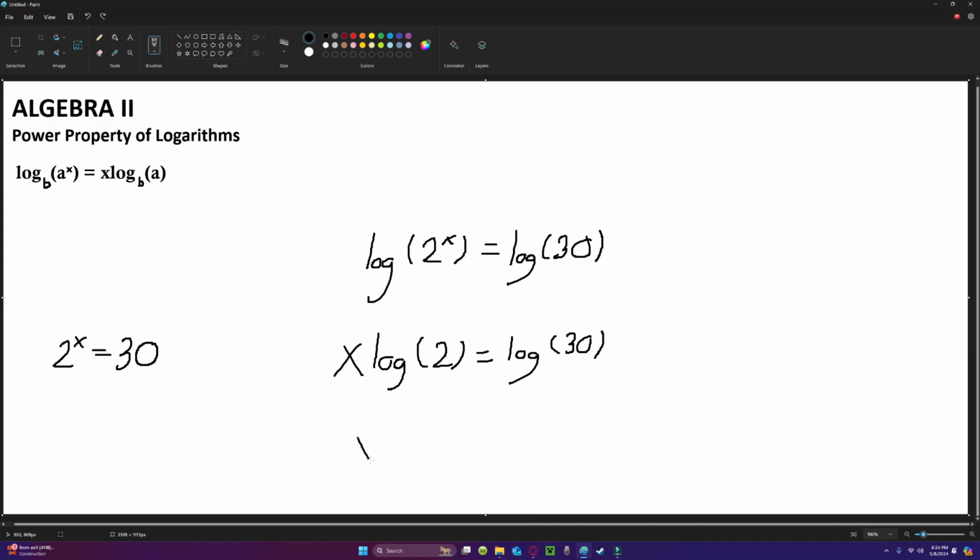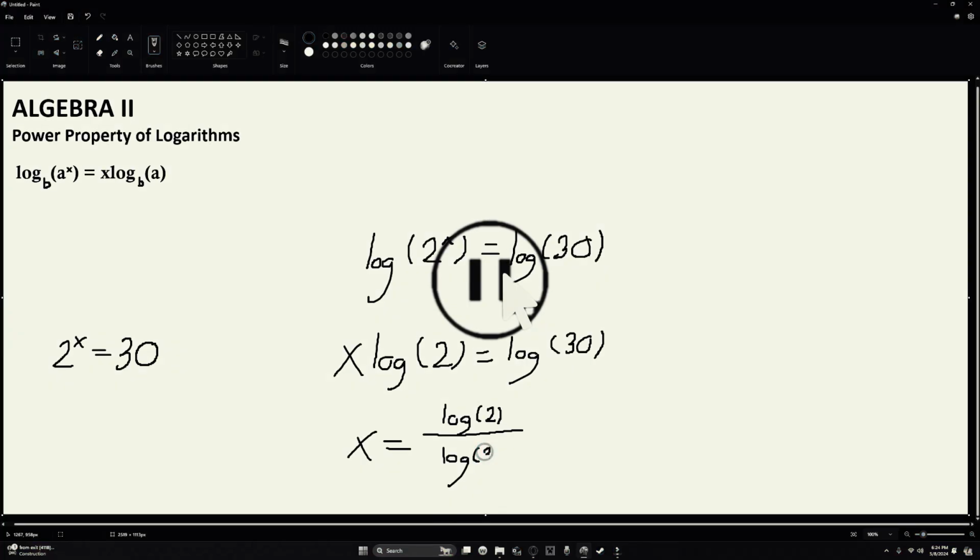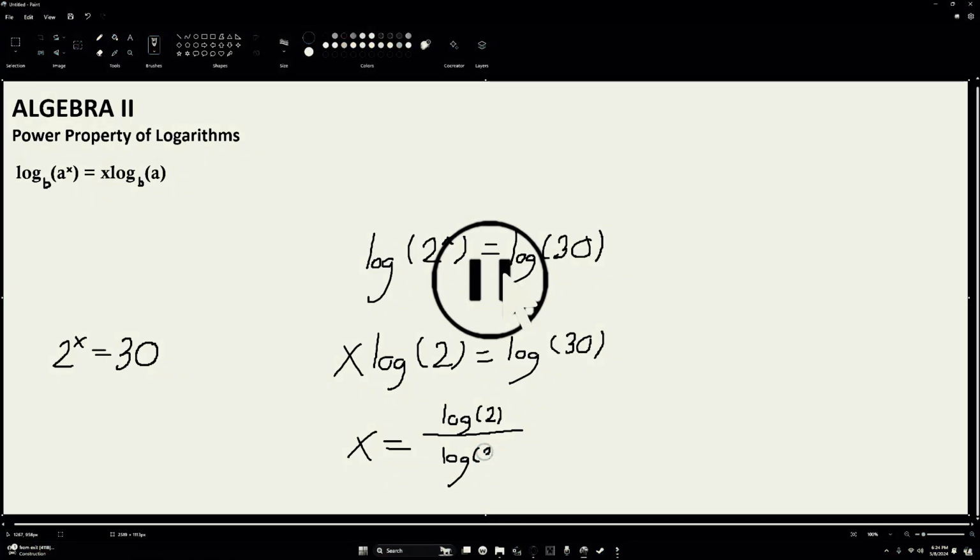So if we keep going, we now have x equals log of 2 over log of 30. This is a mistake in post, and I meant to put log of 30 over log of 2, because if we're dividing by 2, you put that under log of 30.